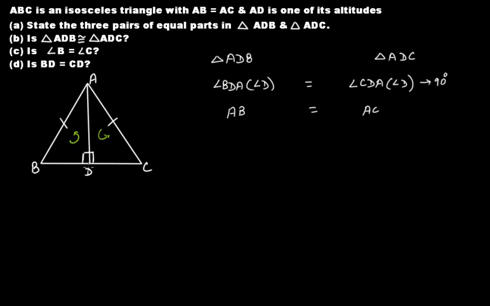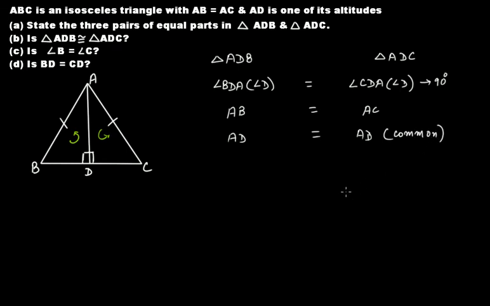The third pair will be what? This side AD is actually common in these two triangles. So AD is equal to AD. Why? Because they are common sides.